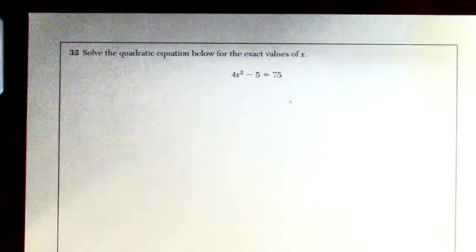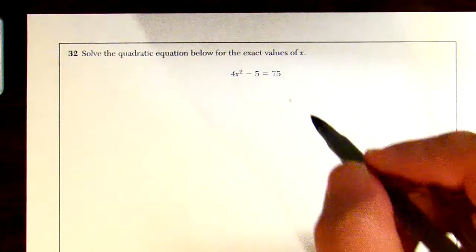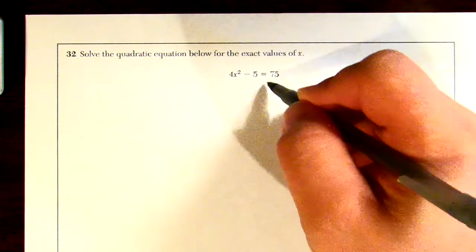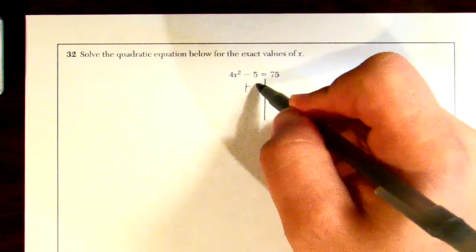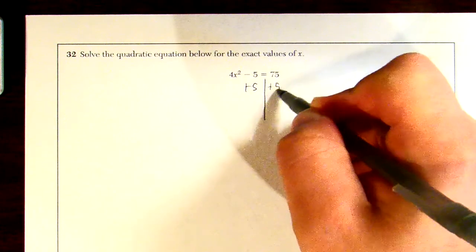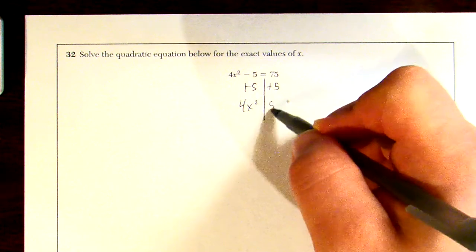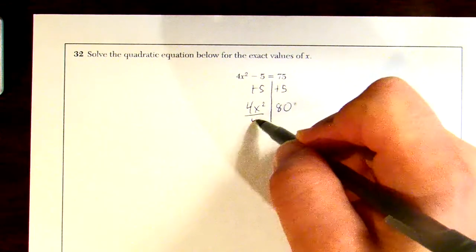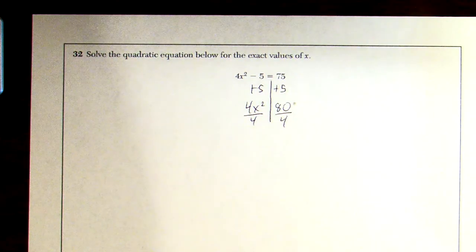Moving on, 32. Looks like they threw us a bone with 32. Solve for x. The way I do that is by adding 5 to both sides. So we have 4x squared equals 80. Divide by 4. 80 divided by 4 is 20.